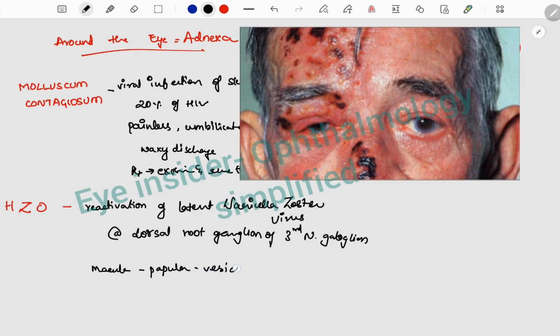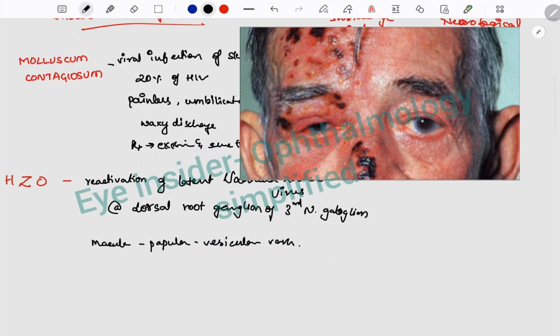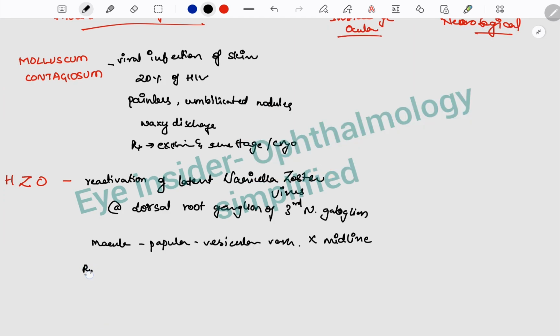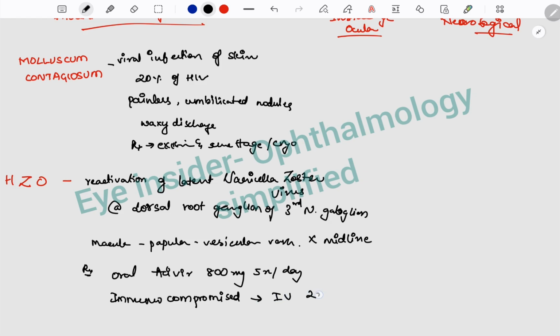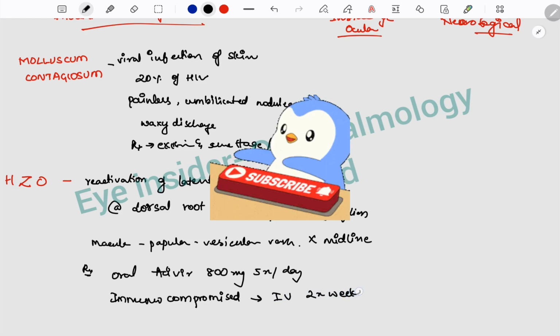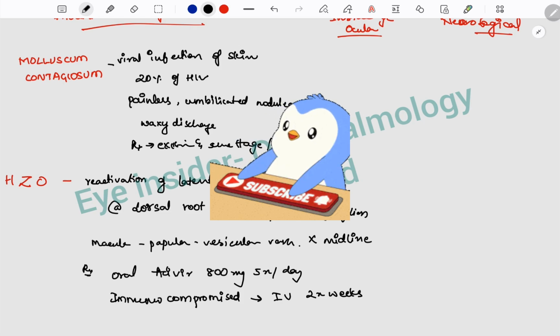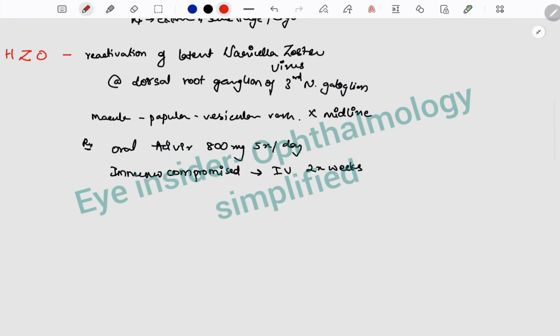It manifests as a maculopapular vesicular rash, and in the image here we can see this rash has subsided, leading to scars. These do not cross the midline. The treatment is with oral acyclovir 800 mg five times a day. In the immunocompromised, we might need to give the intravenous drug for 2 weeks.